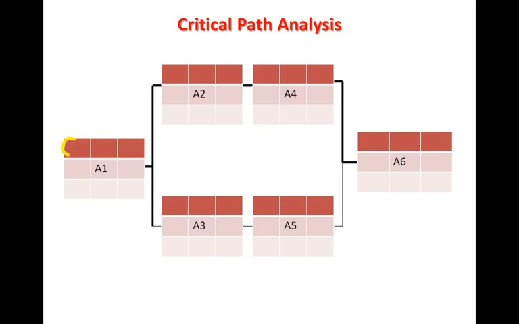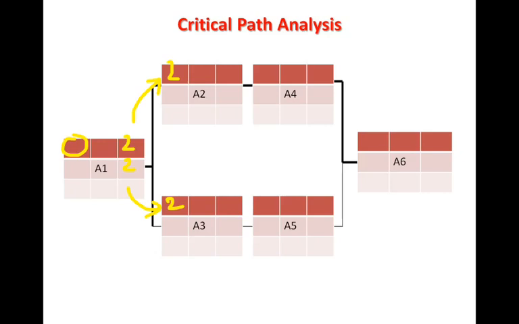So A1 will start at 0, and A1's duration is 2 days. So we add 0 plus 2 is 2, and we take this forward here and here.